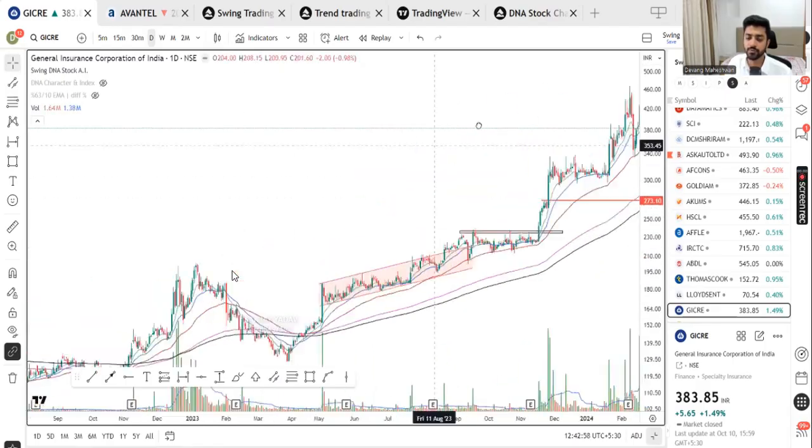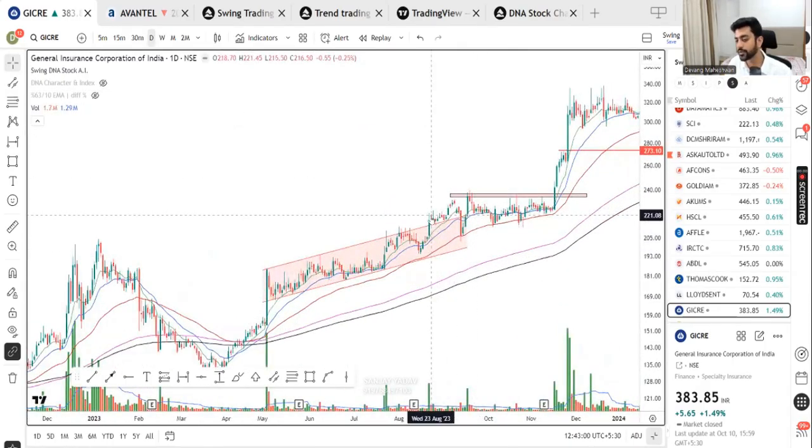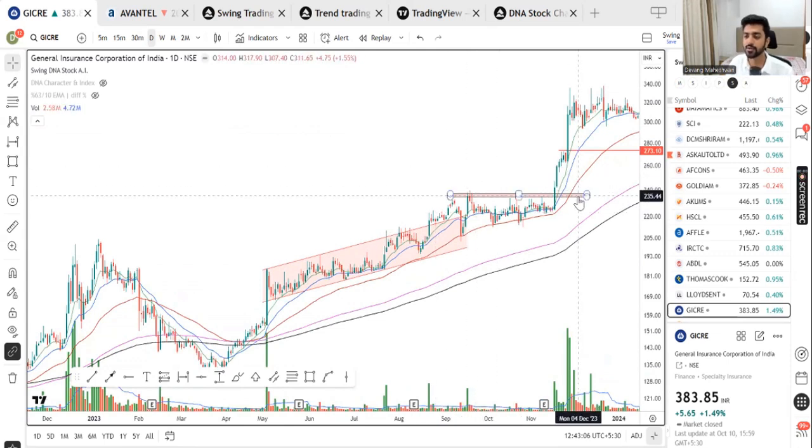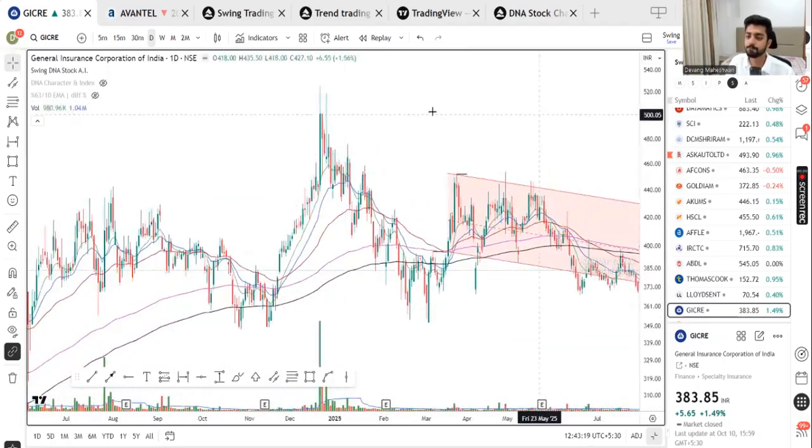Then it moved up from this breakout, but then again it went sideways. Again it started forming another base. So this is one base, and after that another base comes. The market direction may not have been positive, or some sectoral negative, maybe results, some issues, and then the stock can go on from base to base.